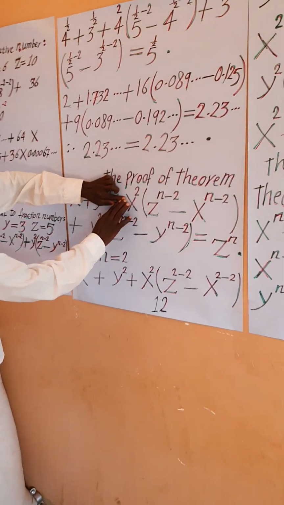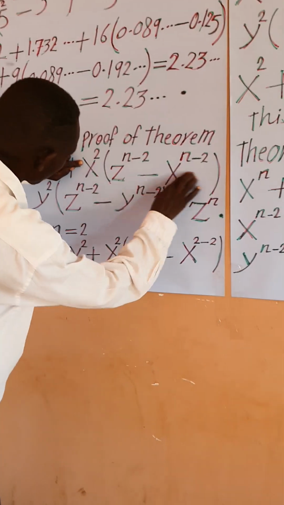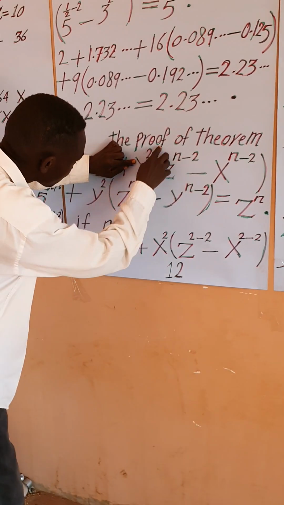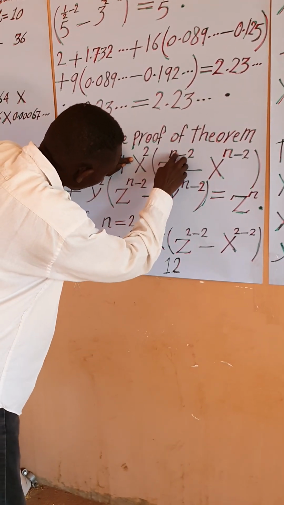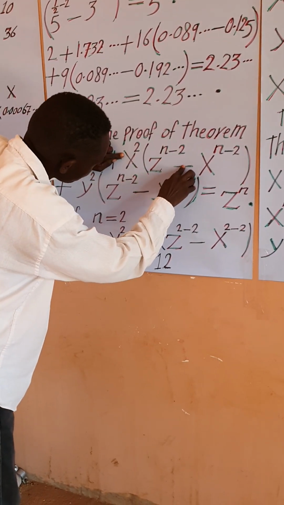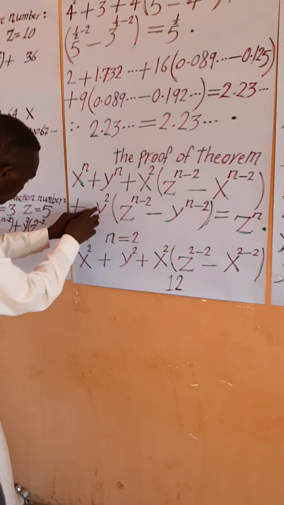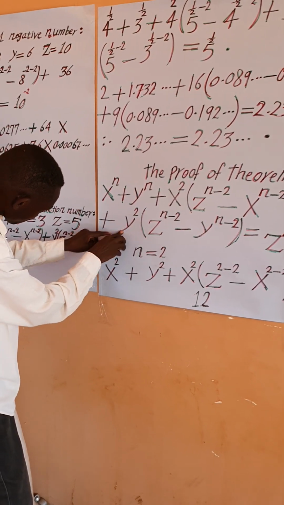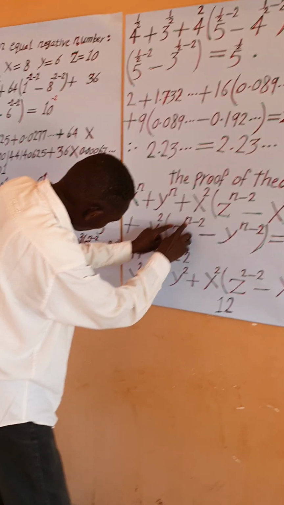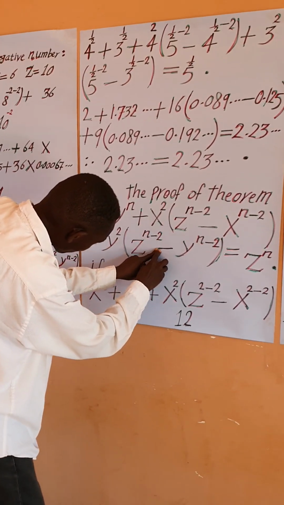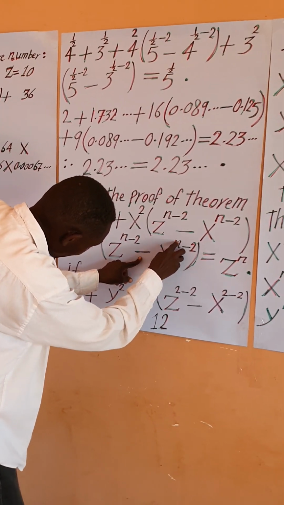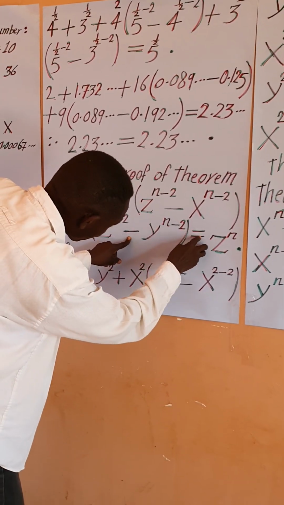this addition, x to n bracket z to n minus 2 minus x to n minus 2 bracket, and also here y squared bracket z to n minus 2 minus y to n minus 2 bracket equals z to n.